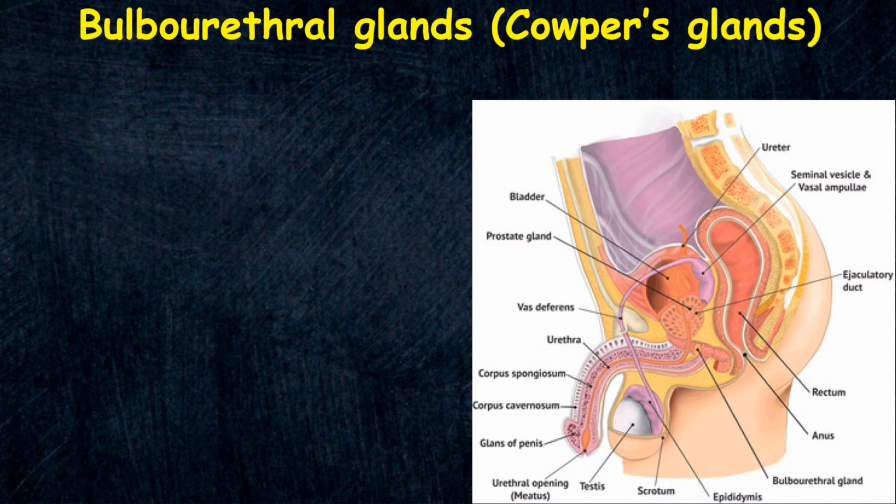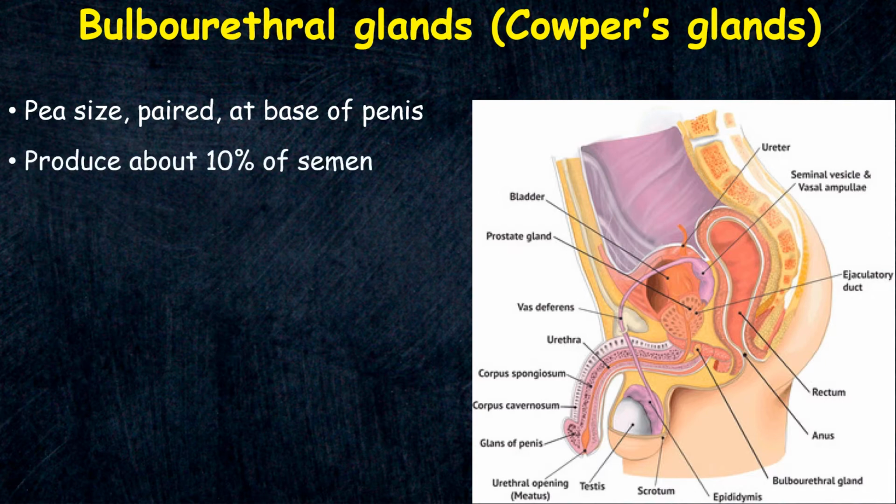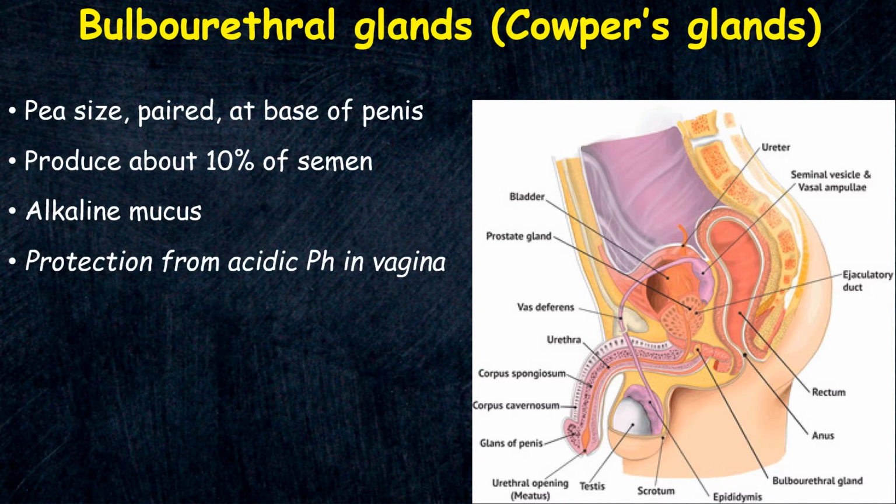Bulbourethral glands, or Cowper's glands. It is a pea-sized gland at the base of the penis. They produce around 10% of the semen. It is an alkaline, mucus-like secretion that enters the anterior urethra during sexual arousal.